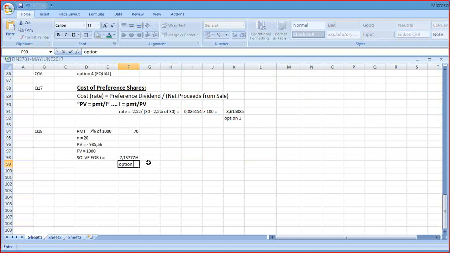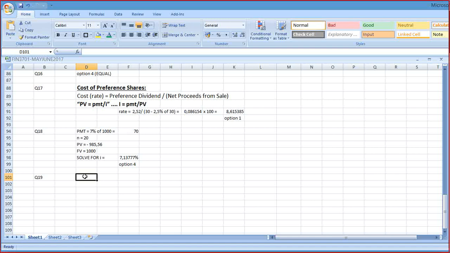Okay, so I've put it into the calculator. I'll put PMT equals 70, and 20 as N, because that's your 1,000 as your future value.